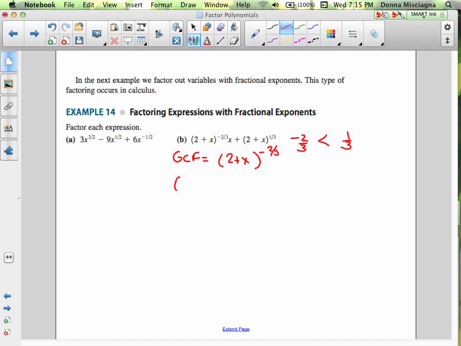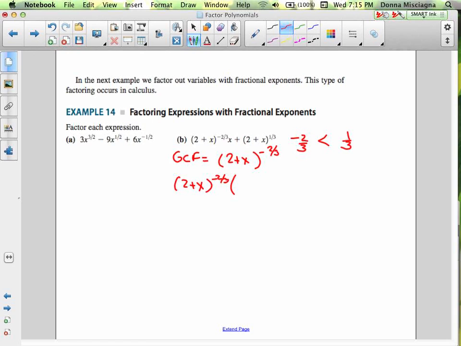So we have 2 plus x to the negative 2/3. And if we divide, actually, you know what, I'll write it all out. When we're dividing, remember we subtract exponents.